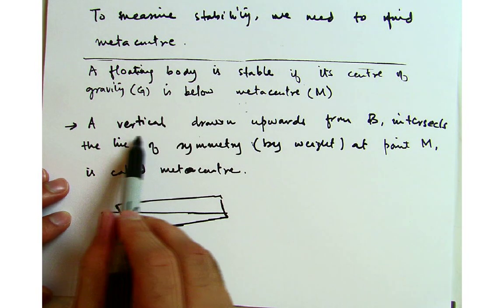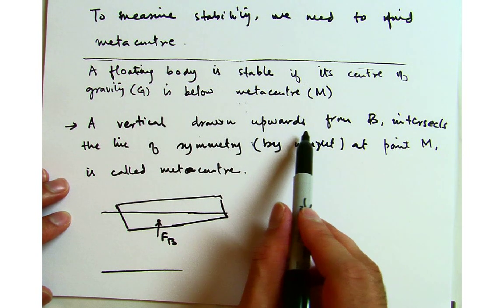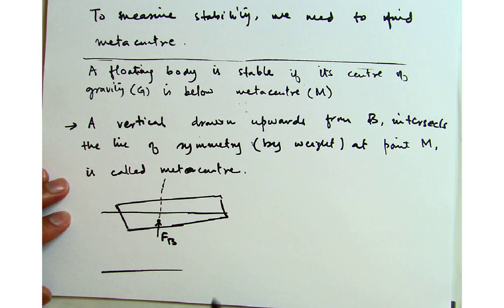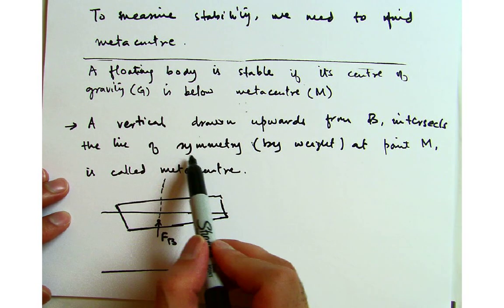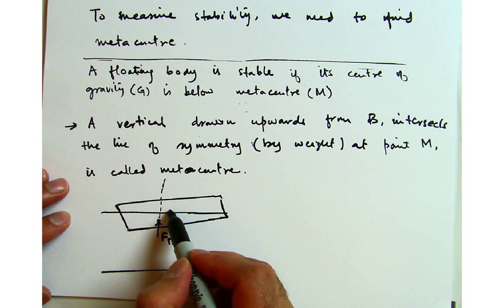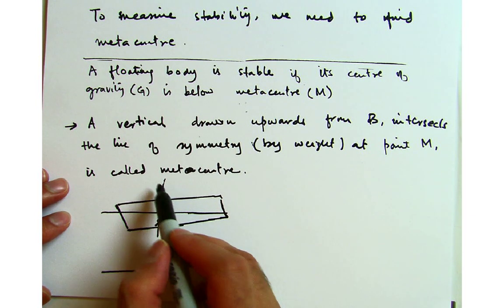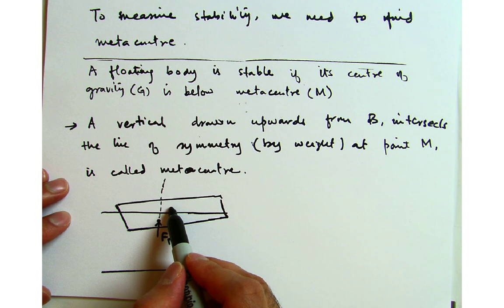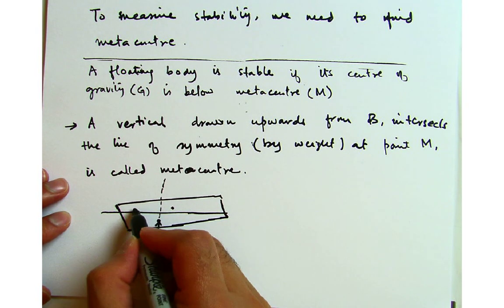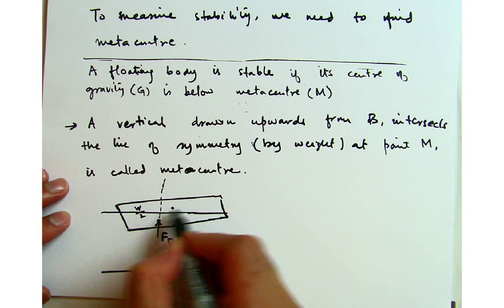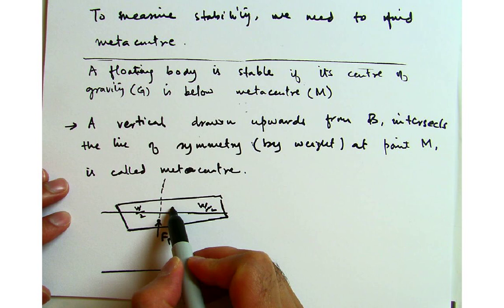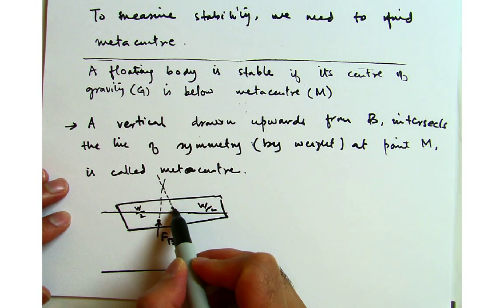A vertical line drawn upwards from B gives me this line over here. The second thing is it intersects the line of symmetry by weight, where the weight of this object is acting. If the total is W, we split it into W over 2 on each half, so that's the line we are looking at.